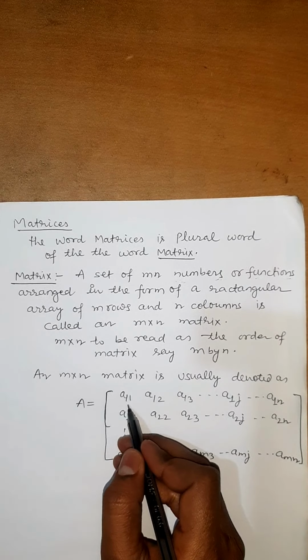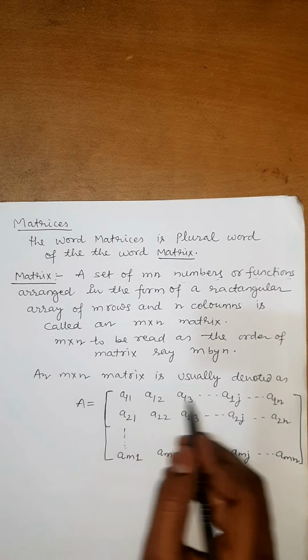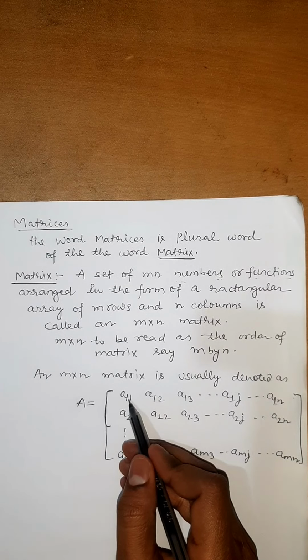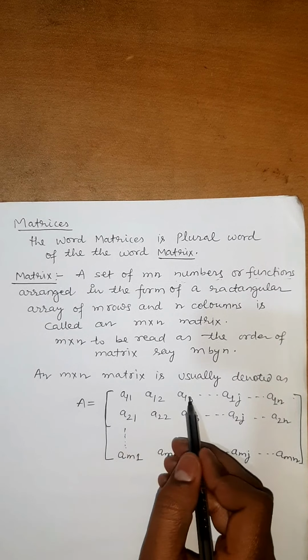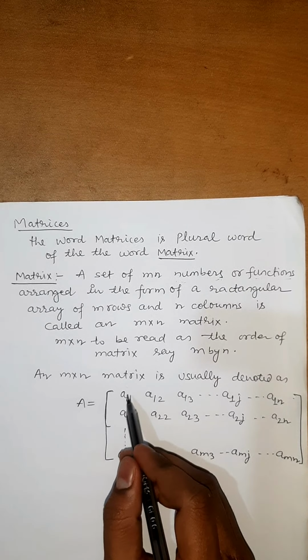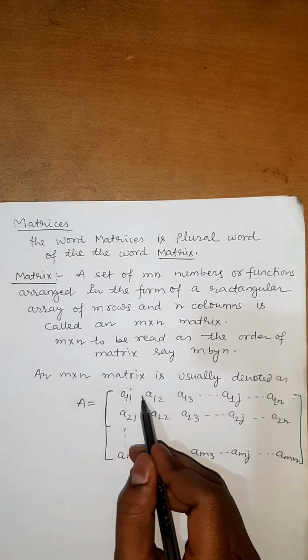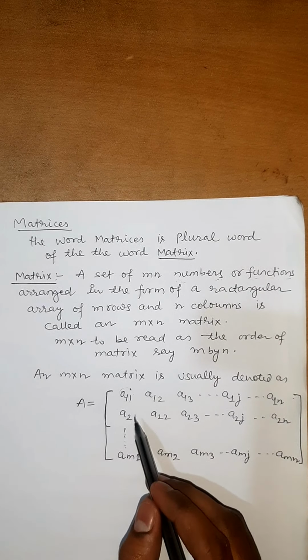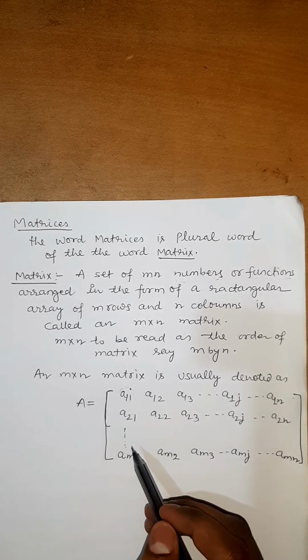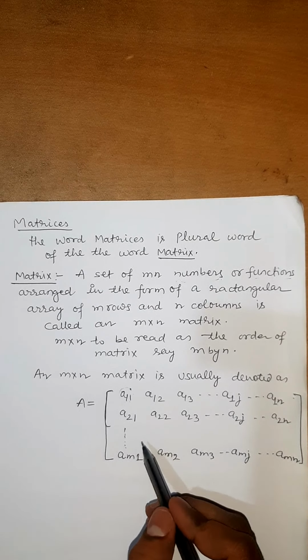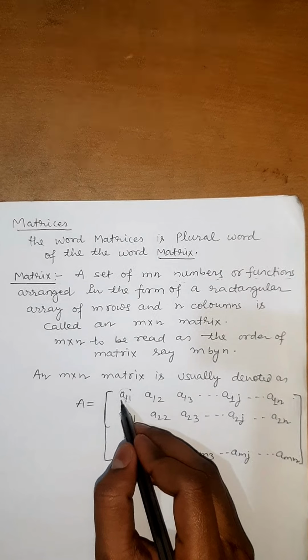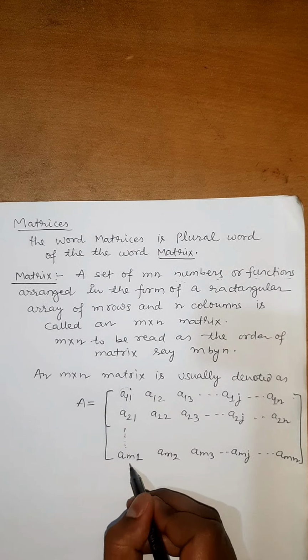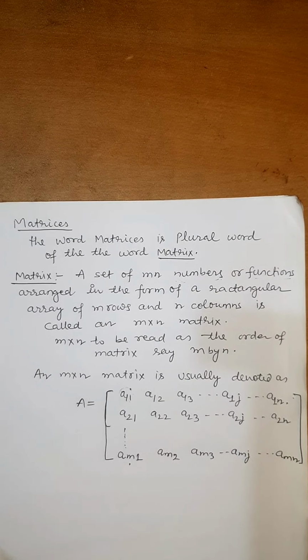So A11 means the element present in the first row and first column. Row, what is a row? Row is horizontal and column is vertical. So we can see that there are m rows and n columns.